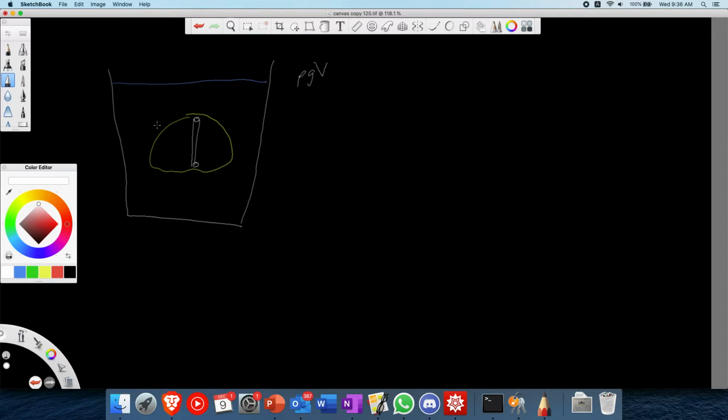Because the upper surface is not exactly horizontal, the force will be acting in this direction, and the corresponding bottom surface will be something like that, and the force will be acting in this direction. But when I take the vertical component, remember we don't care about horizontal components for now.